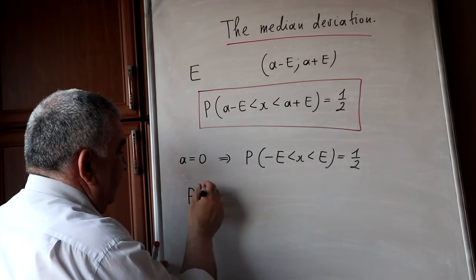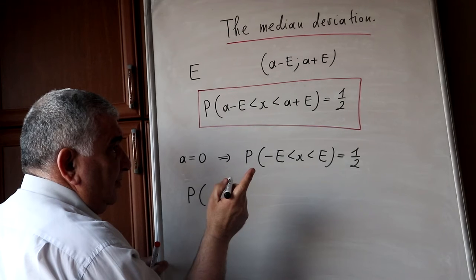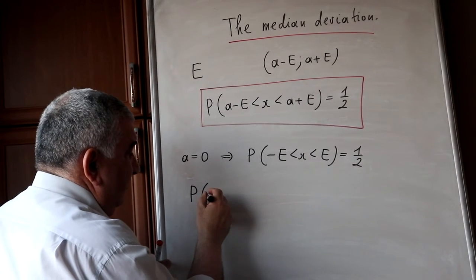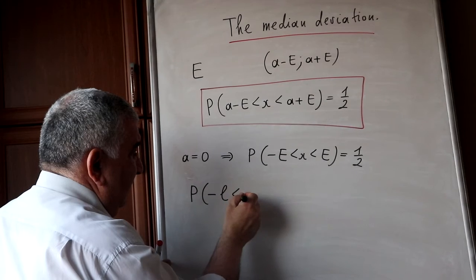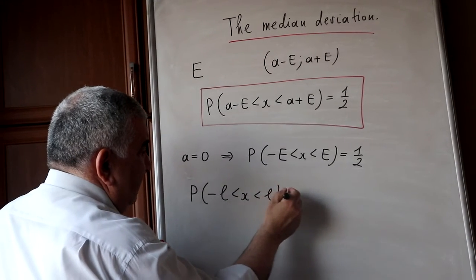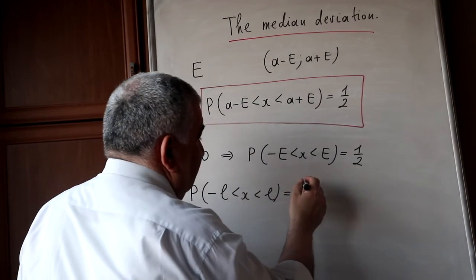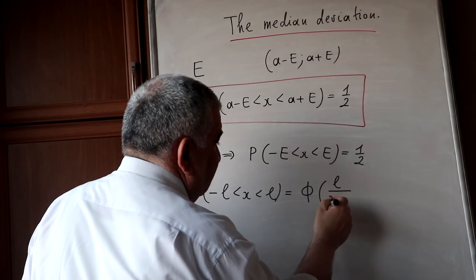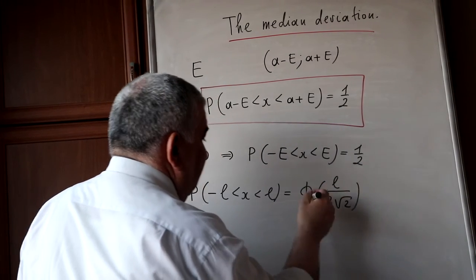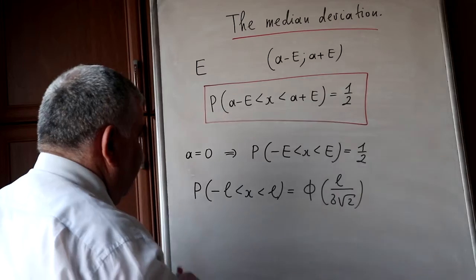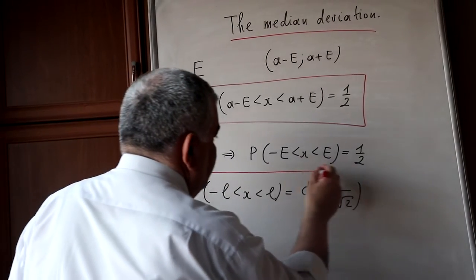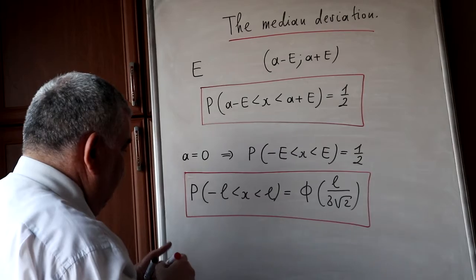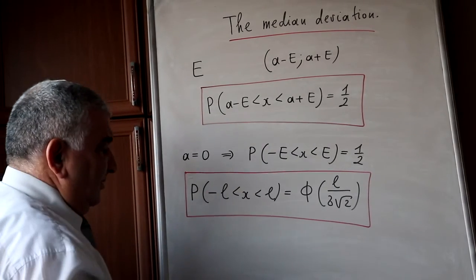P that X will be situated, the continuous random variable will be situated between minus L and L is equal to phi capital of L over sigma square root of 2. Here phi capital is the error integral. You know this formula. Here minus L to L is the symmetric interval, and here the symmetry center is 0.